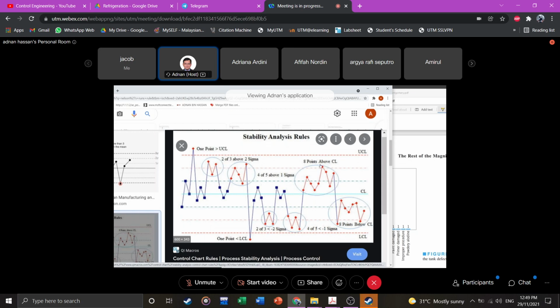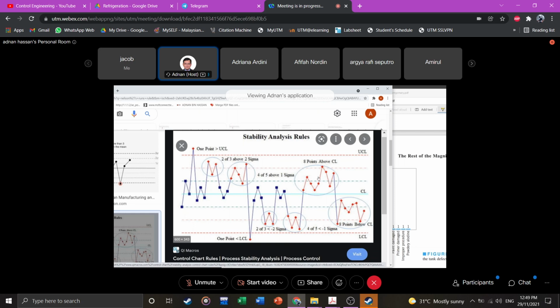The other rule says that 8 points above the central line. So this is the central line. 1, 2, 3, 4, 5, 6, 7, 8. Okay, more than 8 here. In this case, it requires only 8. If it is natural fluctuation, it must go above and then go below the central line, 1 point goes up and then goes down.